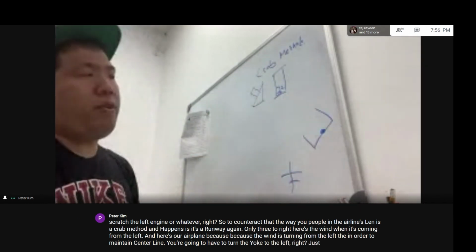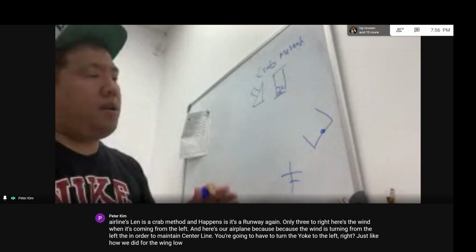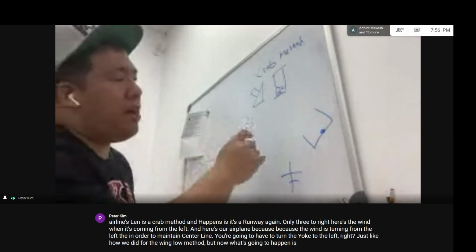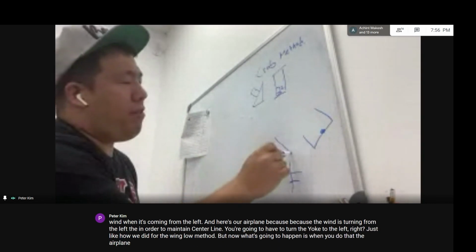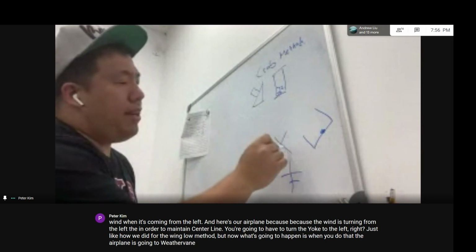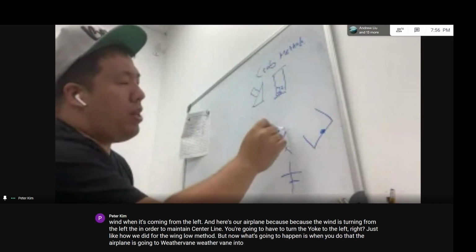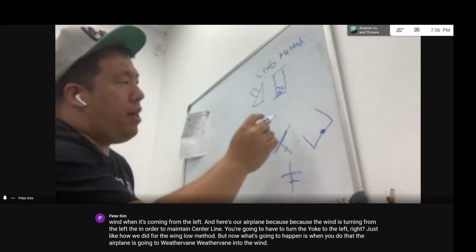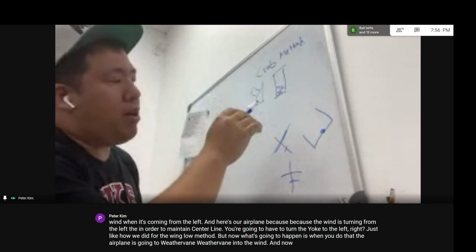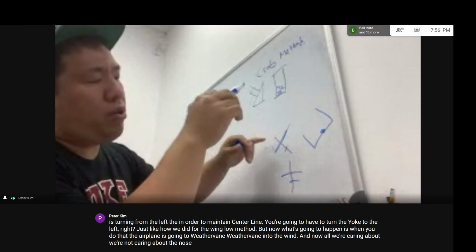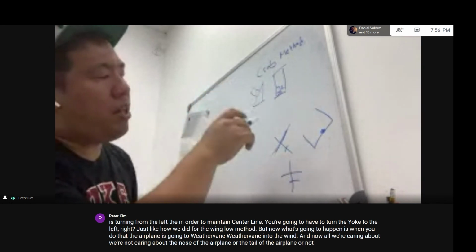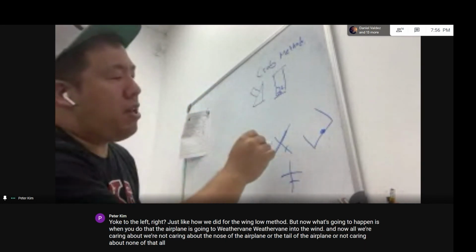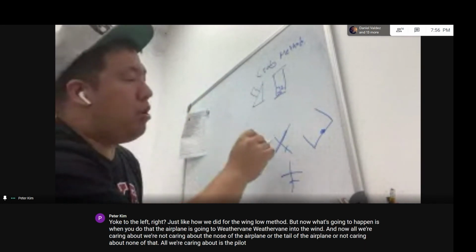Just like we did for the wing low method. But now when you do that, the airplane is going to weather vane into the wind. And now we're not caring about the nose of the airplane or the tail of the airplane. We're not caring about none of that. All we're caring about is the pilot itself.